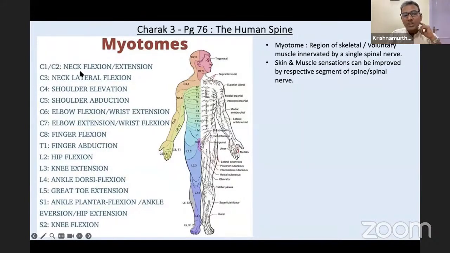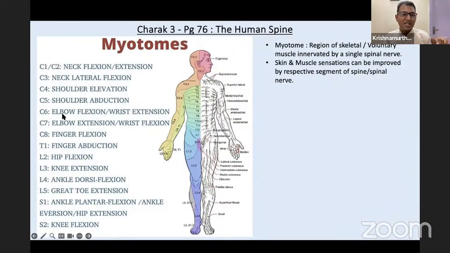C1 and C2 innervate the neck. Don't get into too much of this flexion, extension, abduction. They are different types of movement, and they are giving anatomical names. No need to get into that. Just understand the neck. C1, C2 take care of the neck, and C3 also takes care of the neck. C4 takes care of the shoulder, and C5 also; one type of movement is taken by C4 and one type of movement is taken by C5.